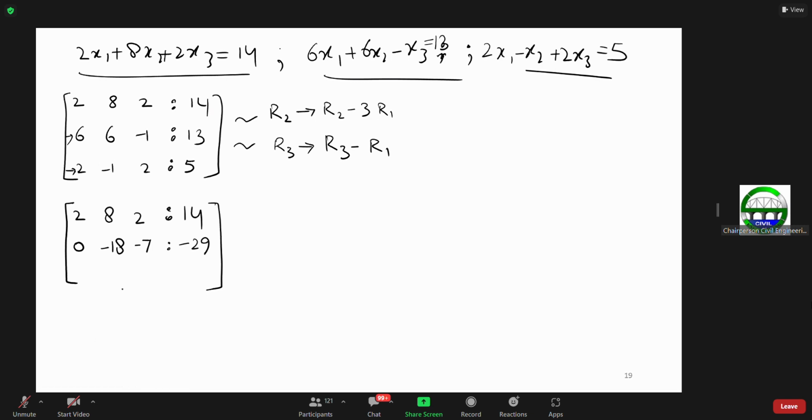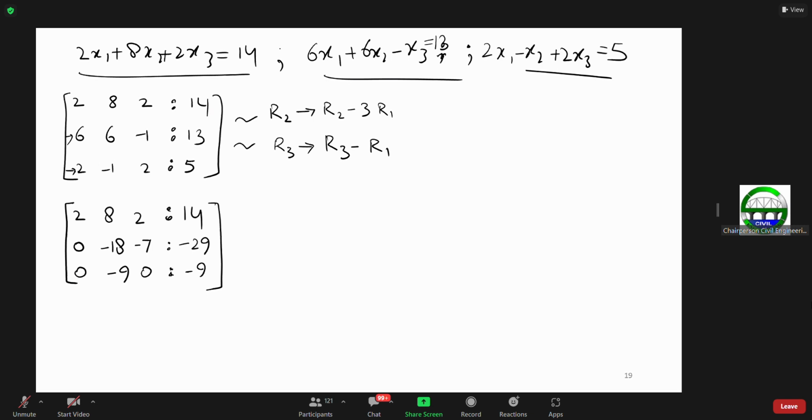And in the last row, it will be 0 and minus 9. It will be like this.